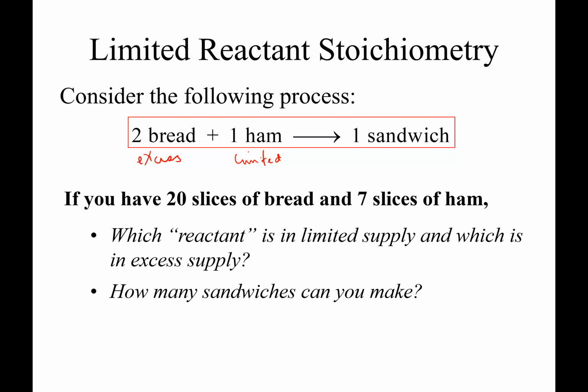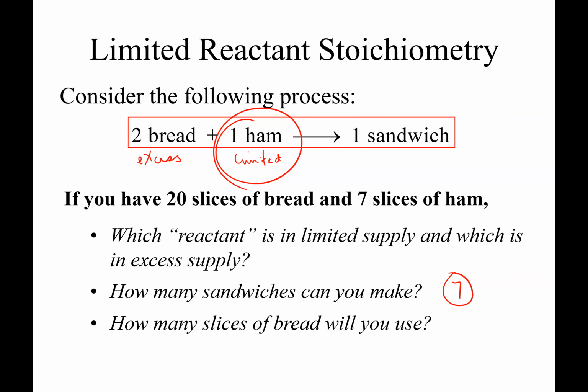And you already answered these other questions. So how many sandwiches can you make? 7 sandwiches. And actually, this is going to be a trend. This is the way we do it. You told me 7, probably because I have 7 slices of ham. And it's the reactant that's there in limited supply that drives how much you get, and it actually is going to drive how much of the other reactants you're going to consume.